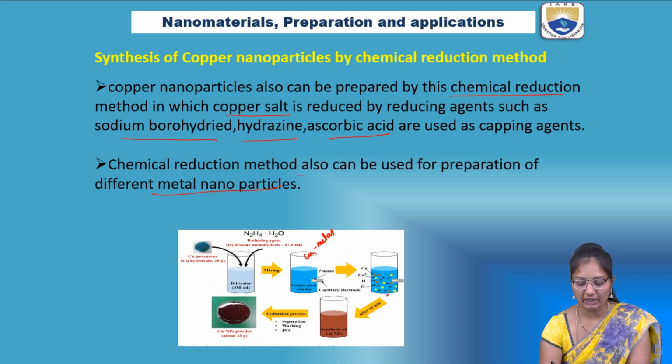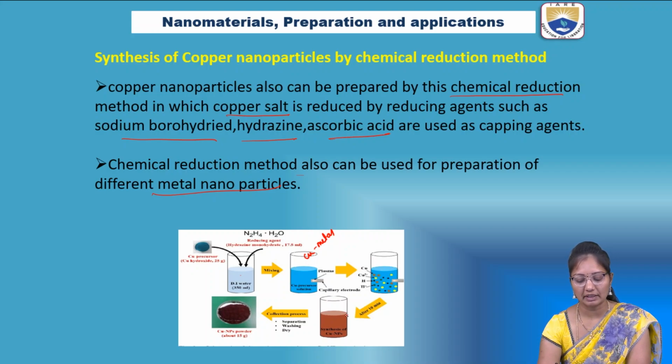So, after adding the reducing agent, here we added copper precursor and reducing agent, here mixing. Then the copper precursor was formed here. Then it was allowed to react by using this suitable capping agent.